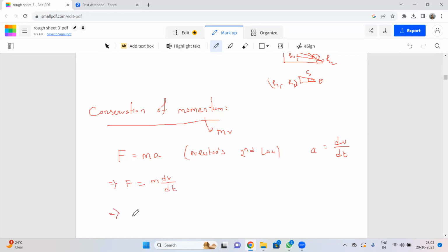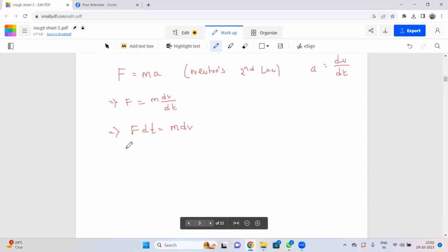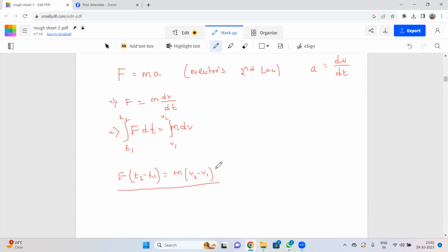So from here, what you can write is F dt is equal to m dv. If we integrate that, suppose at time t1 velocity is v1, and at time t2 velocity is v2. So F into (t2 minus t1) is going to be equal to m into (v2 minus v1).